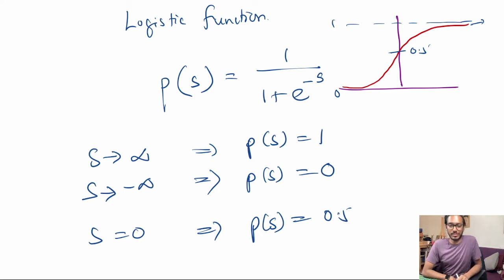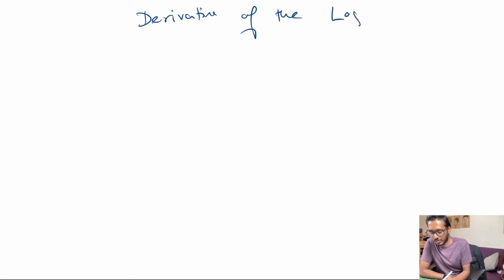And we can also see how this works with derivatives, because we know that when we want to do a gradient descent, we want to get the derivative of it. So let's check the derivative of the logistic function.